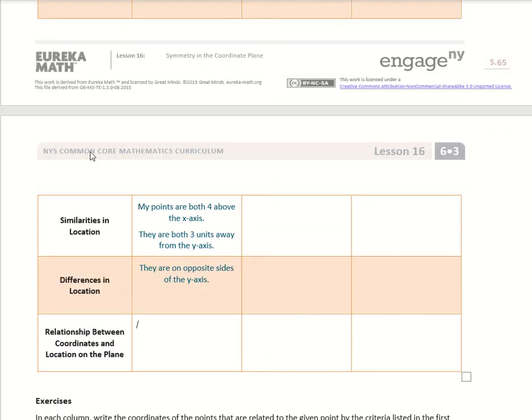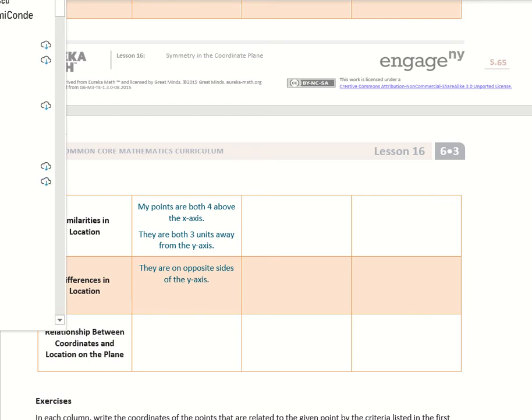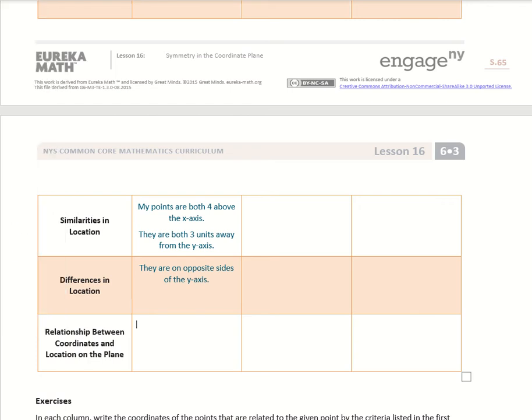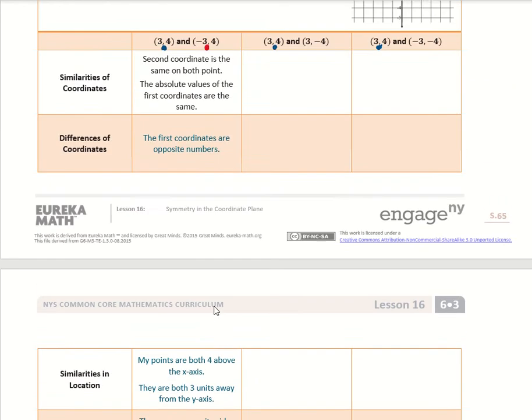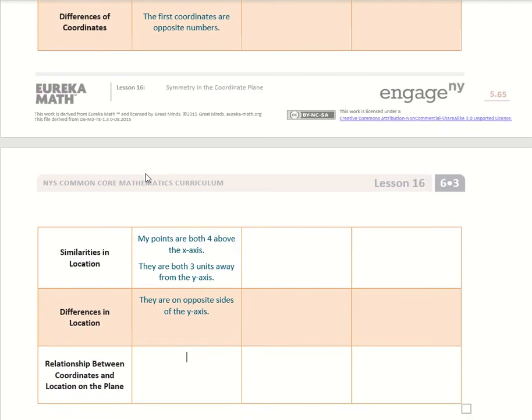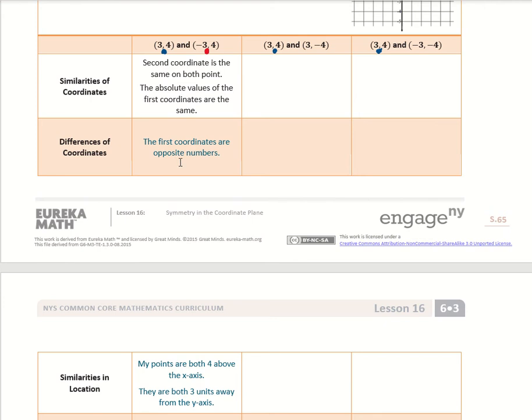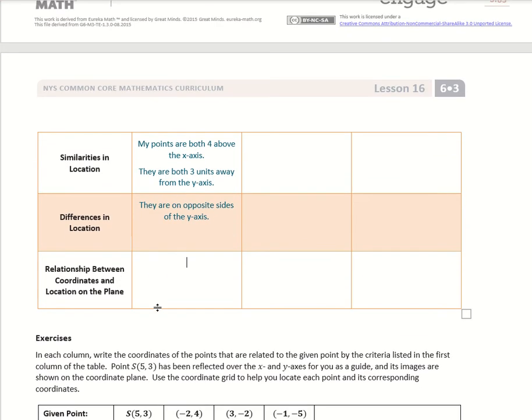Now we need to talk about the relationship between coordinates and location on the plane. I think the best thing to focus on is our differences. They're opposite numbers and they're also on opposite sides of the y-axis. So let's make sure we talk about which ones are opposite numbers.